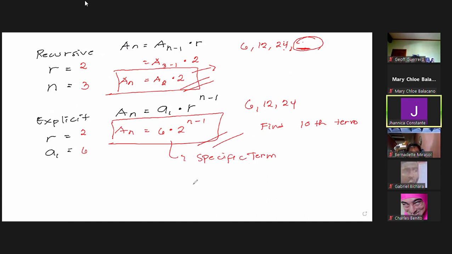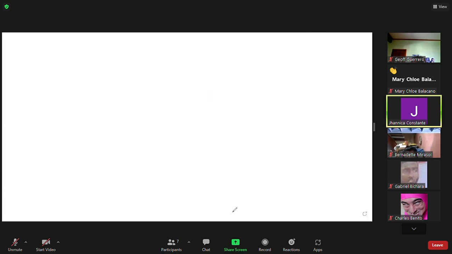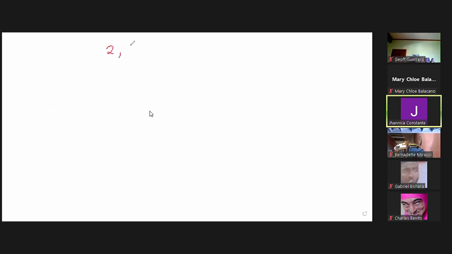Okay, with the explicit and recursive. Okay, let's have an example. In writing the explicit and the recursive formula of our geometric sequence, so for example, we have the geometric sequence 2, 8, and 32.